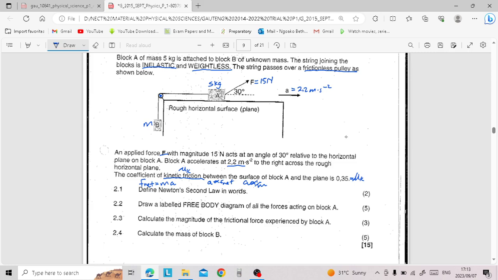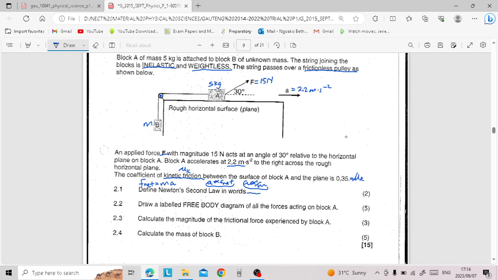When a net force is applied on an object, it will accelerate in the direction of the net force, directly proportional to the net force, and that acceleration is inversely proportional to the mass. We write it using these relationships.